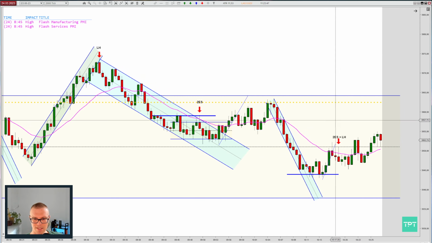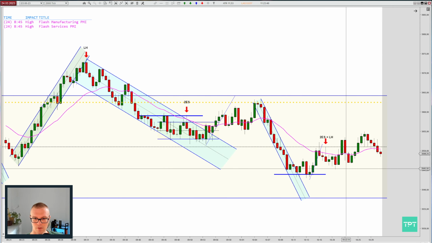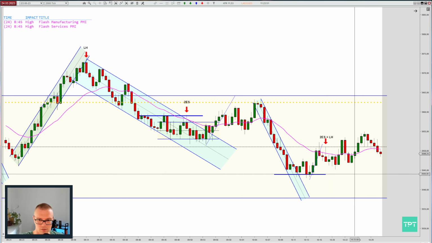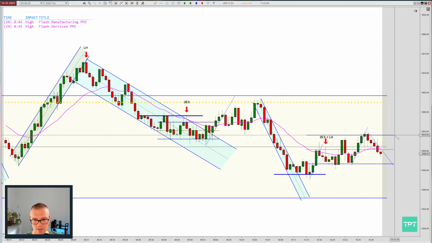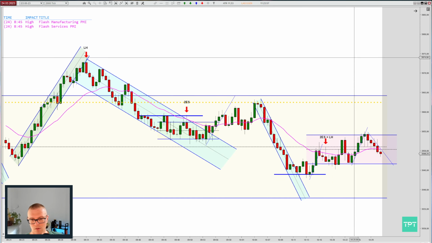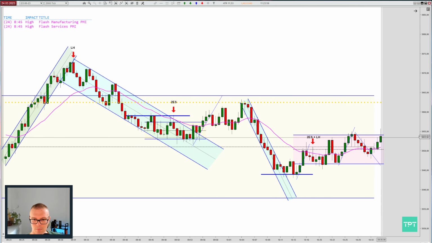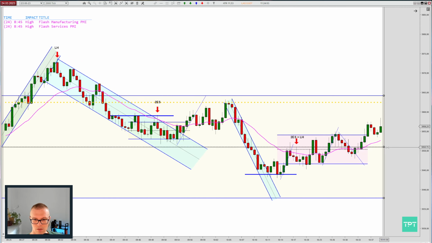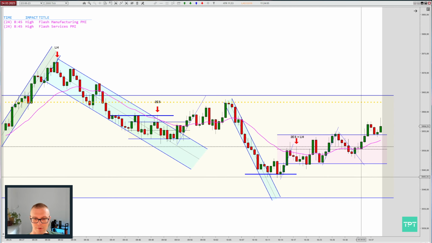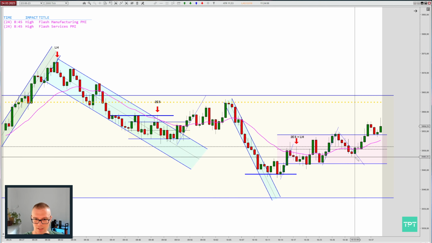Prices go sideways here. Really no clear bias. We just go sideways, up and down. Leaving this range here, this mini range within the range, to the top side.